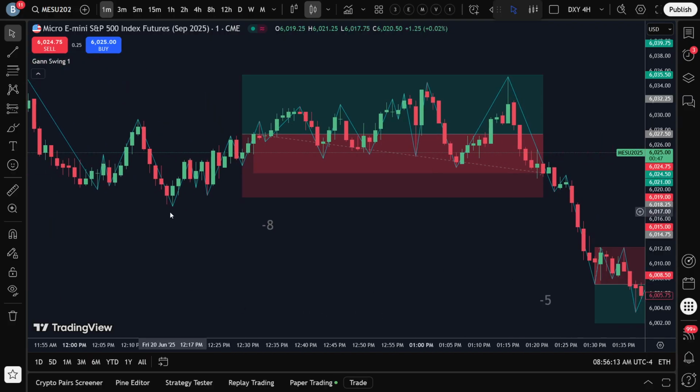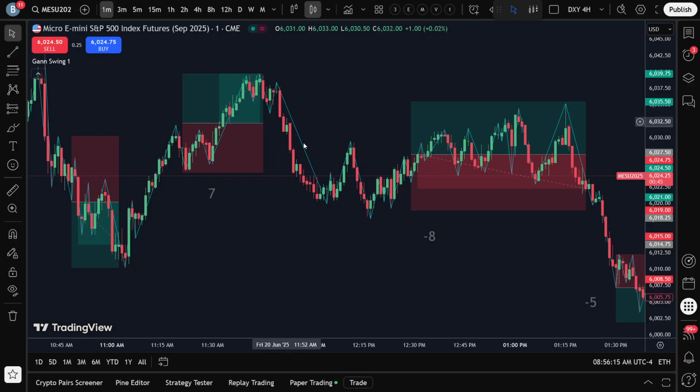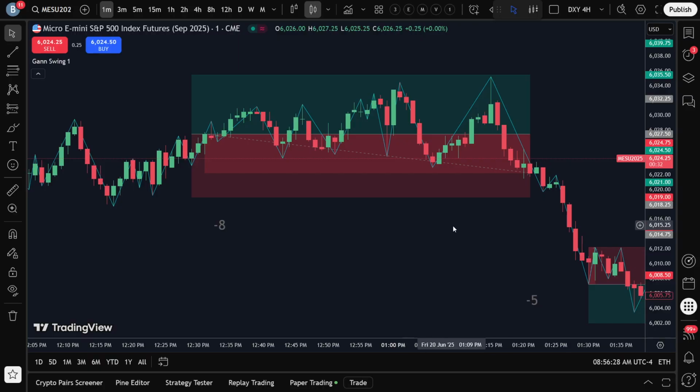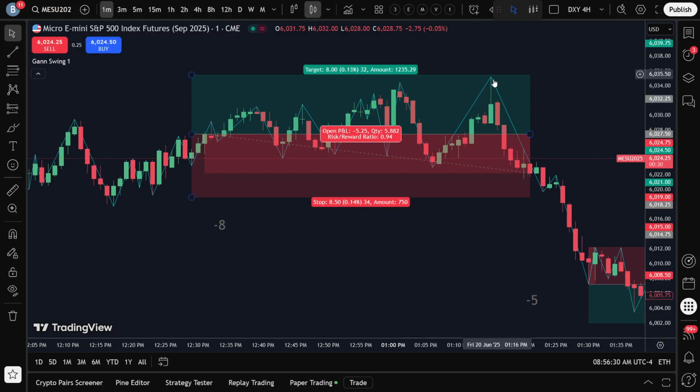You have the reversal here after this correction. First move up, first swing down, second swing. You almost get there. And I'm wondering if you get that far, would you have put your stop to break even?